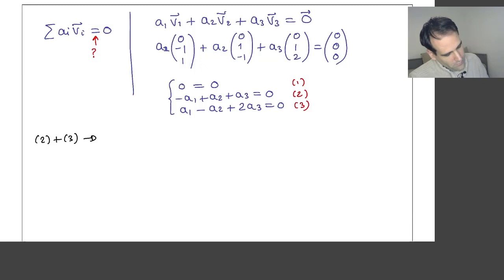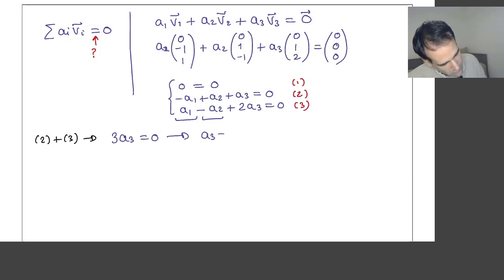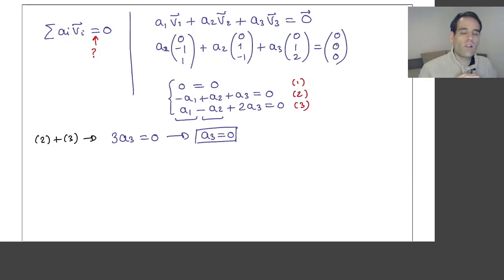If you add them up, you can see that the A1s and the A2s will cancel out, right? Because we have plus and minus and then plus and minus. So what we get is 3A3 equals 0, which means that A3 equals 0. So we found that the solution must always have A3 equals 0.